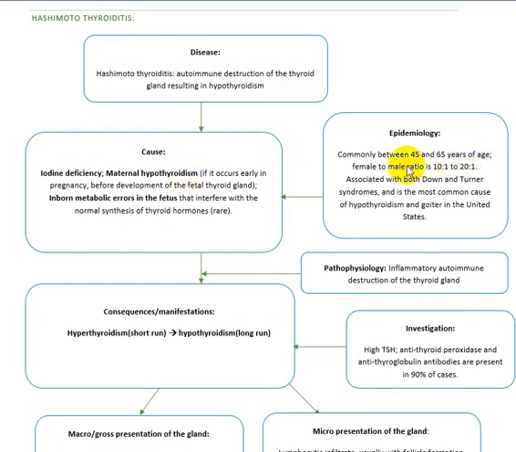Epidemiology: it is still more common in females. We said that Graves' disease was in females of 20 to 40 years old, but in Hashimoto thyroiditis, you have an epidemiology of commonly 45 to 65 years of age, with more females than males. Also in toxic goiter, females are greater than males, as we've seen above.